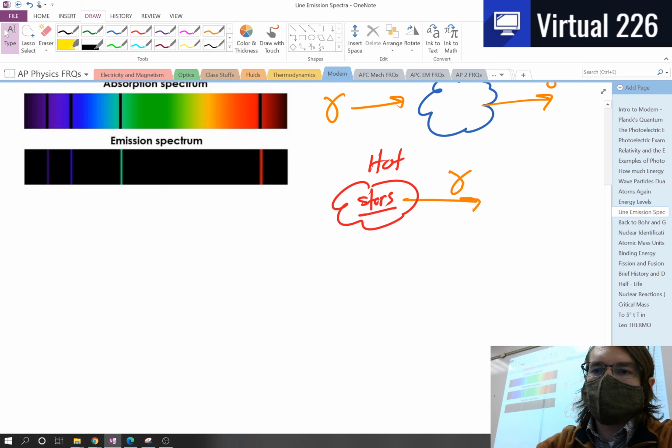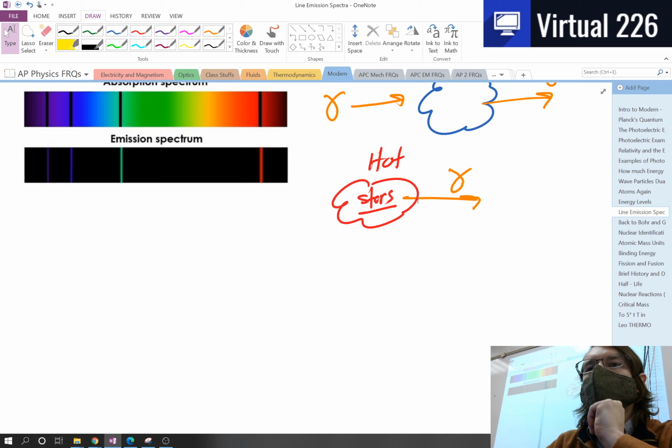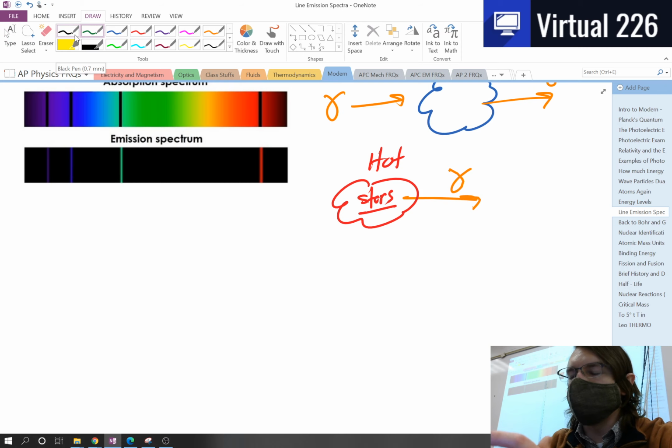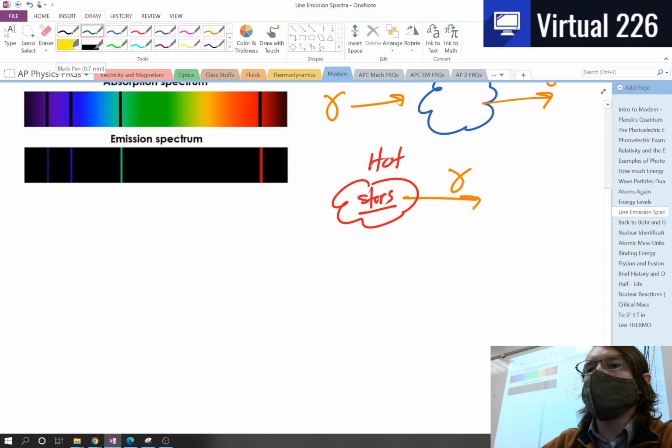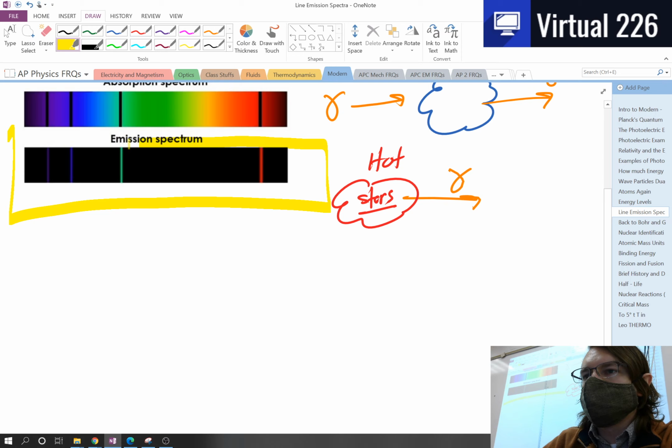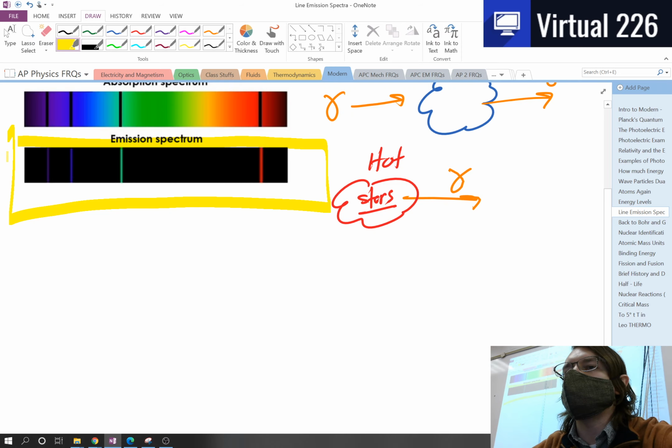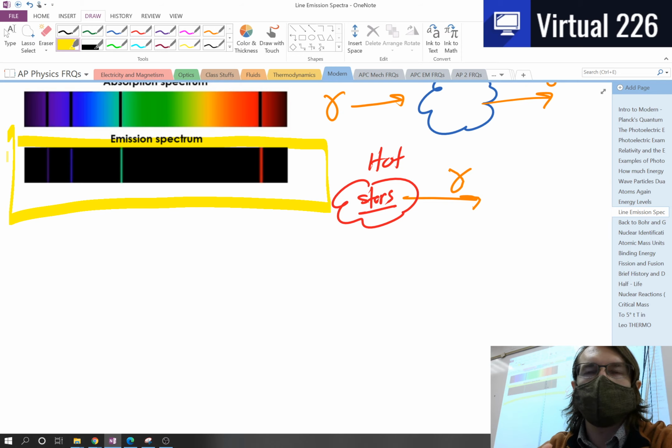Now, one of the things that was noticed early in the era of modern physics are these emission spectrums. We had spectrographs, diffraction gratings from the optics unit, and we were noticing emission spectrums just like this. Well, it turns out that this specific emission spectrum is the emission spectrum of hydrogen. Elemental hydrogen is that right there.